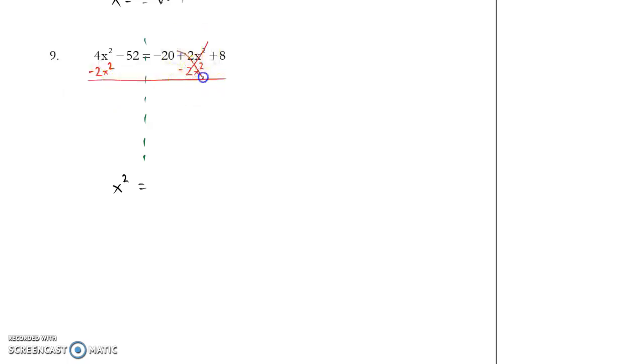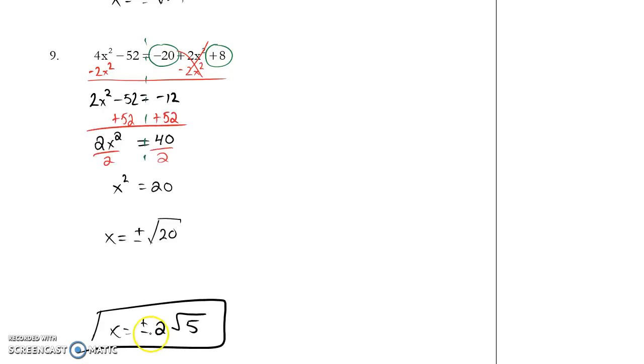That gets rid of it on the right-hand side. It leaves me with 2x squared minus 52 on the left. On the right, I also have like terms. These are on the same side. That's not inverse operations. That's combining my like terms. And that gives me negative 12. Now it becomes a problem like the first 2. Go ahead, pause, and finish this.